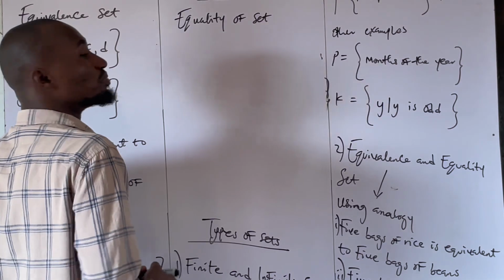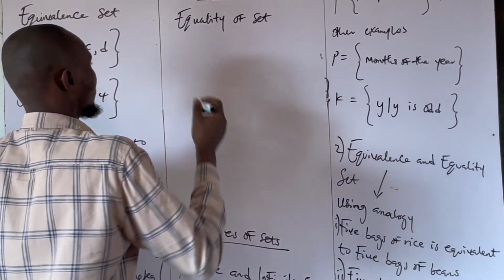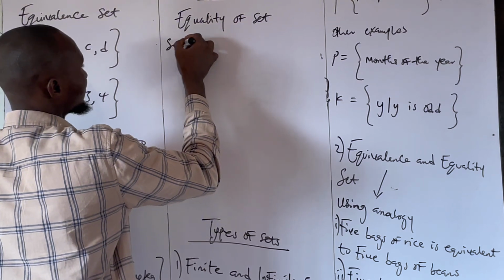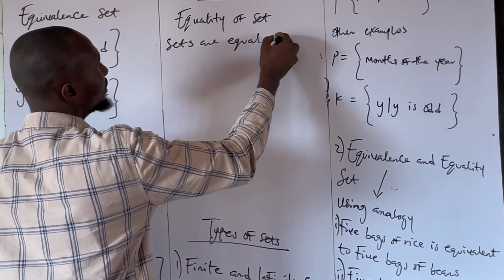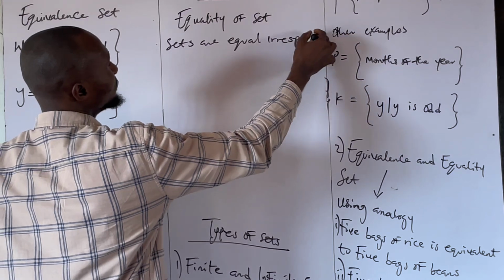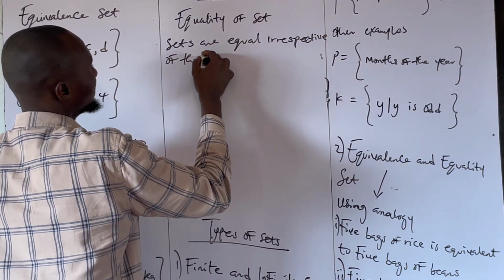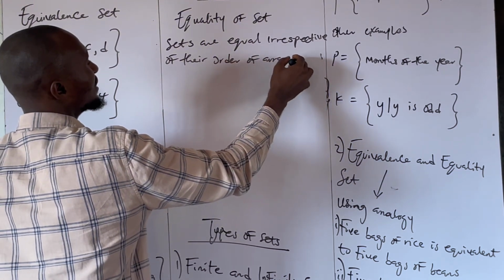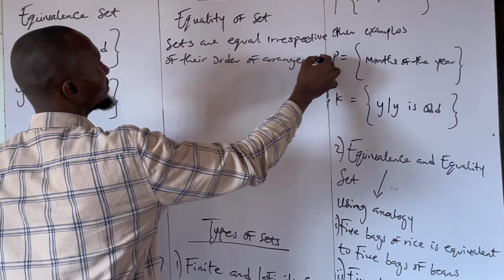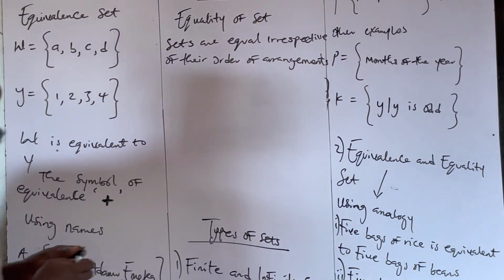Okay. Look up. Here, we say that sets are equal irrespective of their order of arrangement.